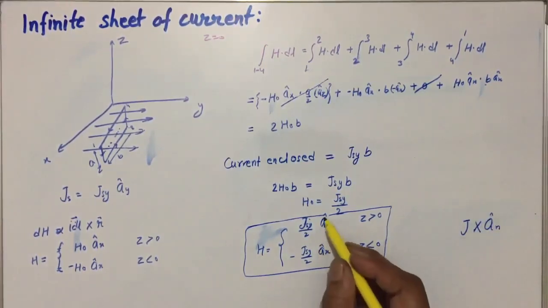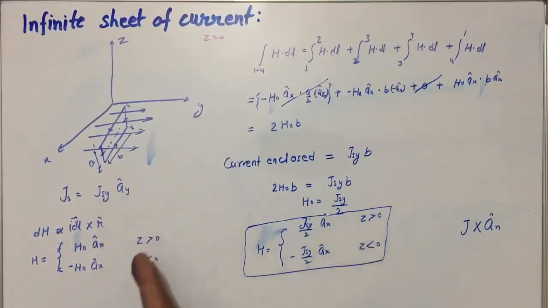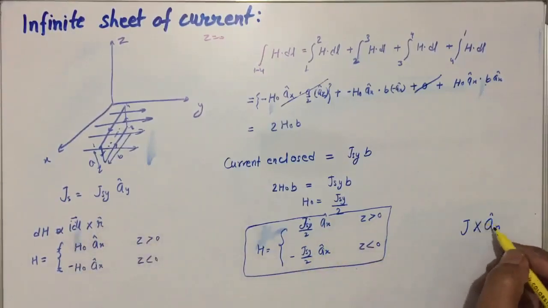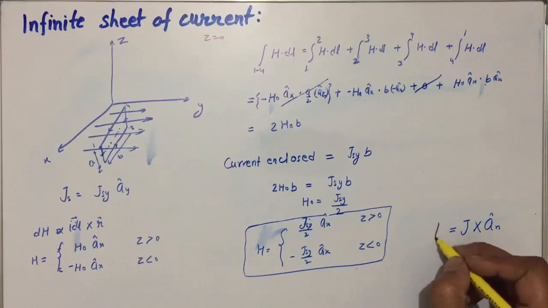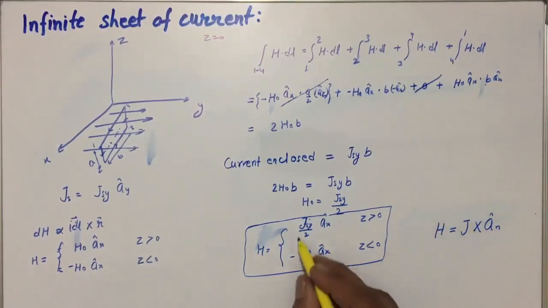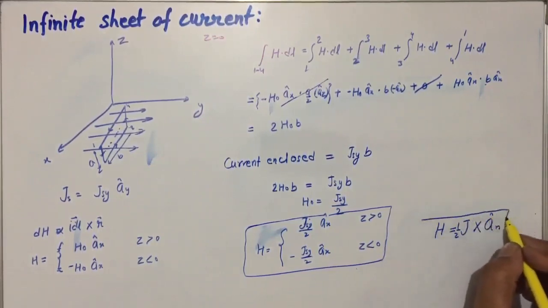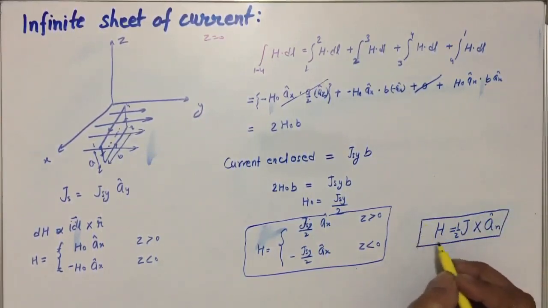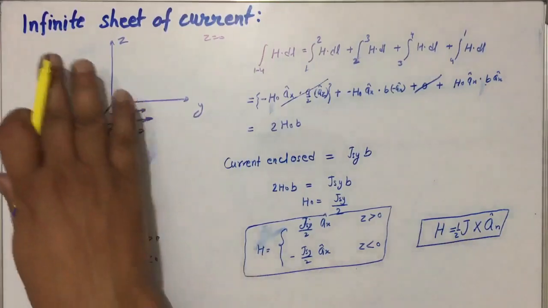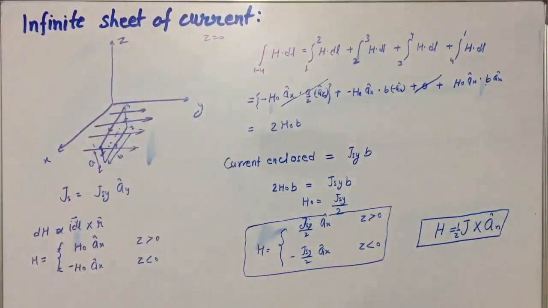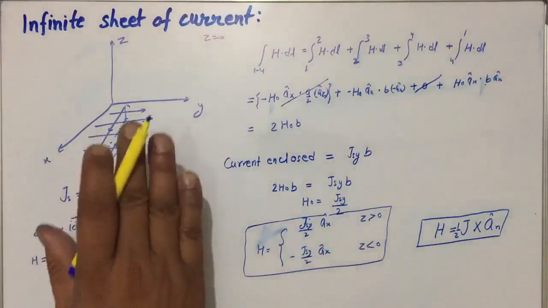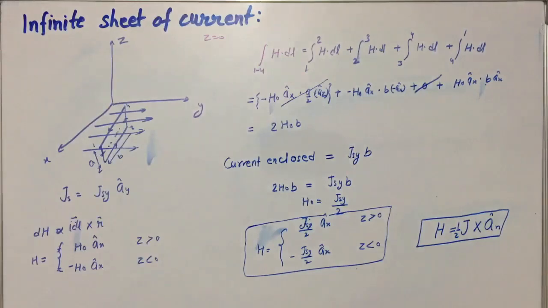The cross product will give us AS, we have seen here. J cross AN is equal to H, half term will be included. So this is the general form of H for an infinite sheet of current, where AN is the unit vector from the current sheet to the point of interest, and J is the current density.